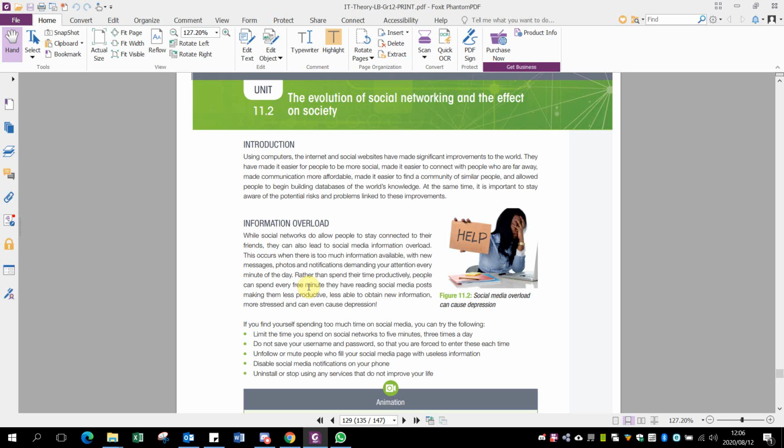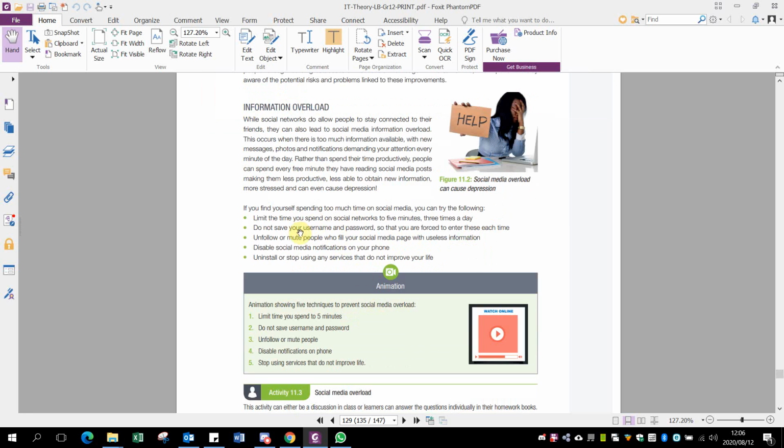Then you have to try and decide which one is the most correct. To limit your time spent on social media, do not save your username and password. This is everything you can do to minimize the time you spend on social media so that you can spend the time on more important things.